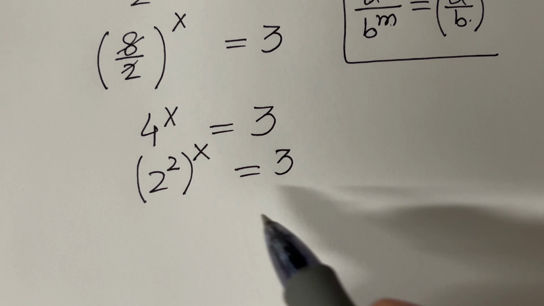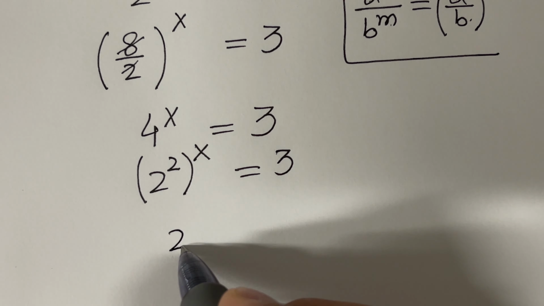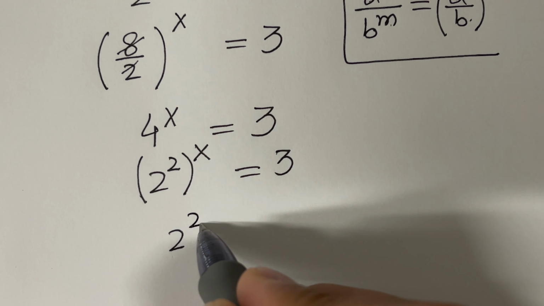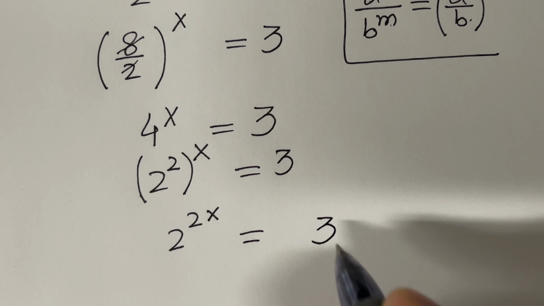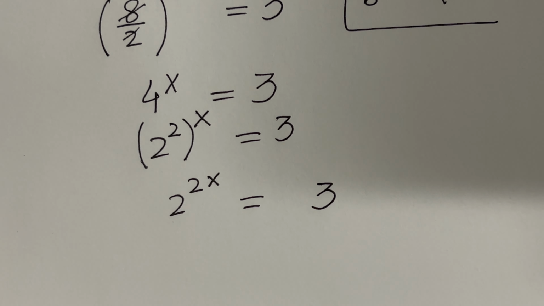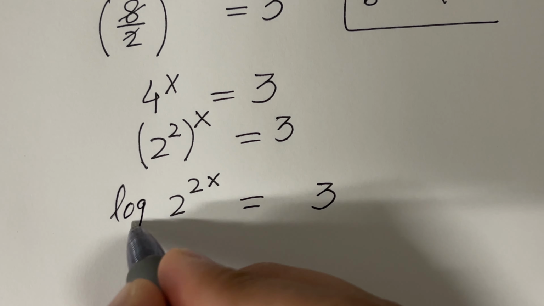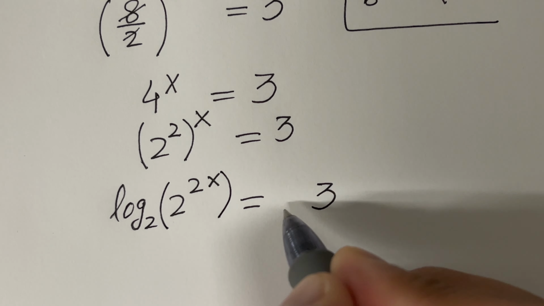The property I told you before, so just multiply the exponents. Since we have parentheses here, you can just multiply the exponents, and the right hand side is 3. Since we want to find the value of x, we will take log base 2 on both sides.